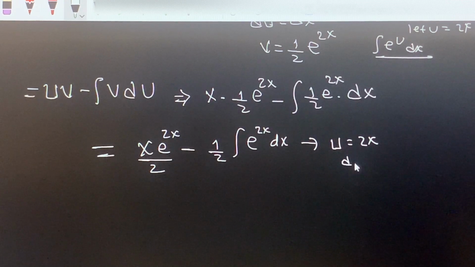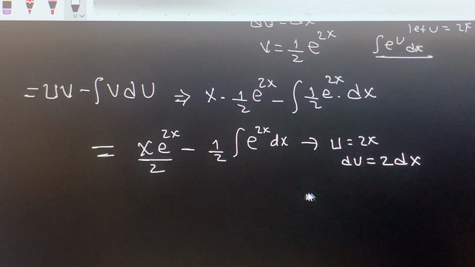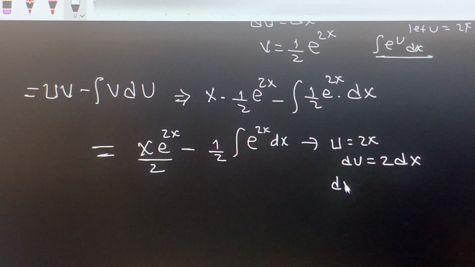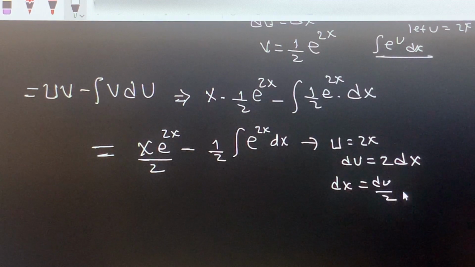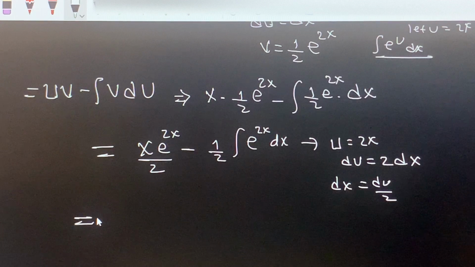and then what is my du? When I differentiate this one, that's going to be 2 dx, and from this, dx is going to be du over 2. So the next step is the following.